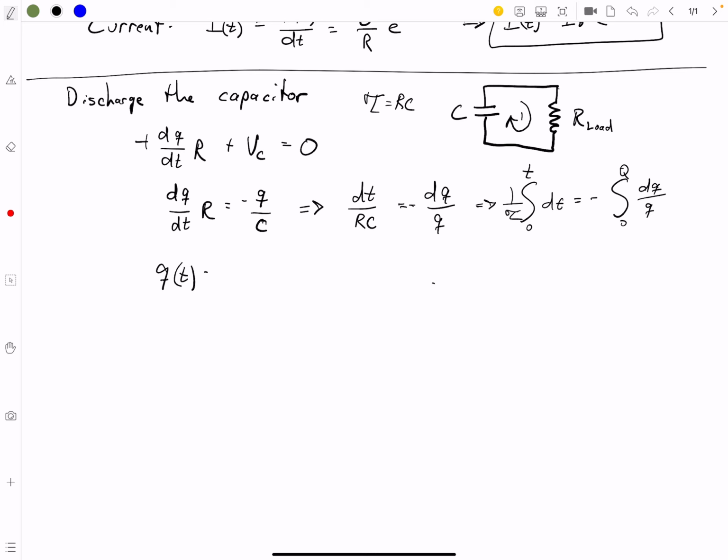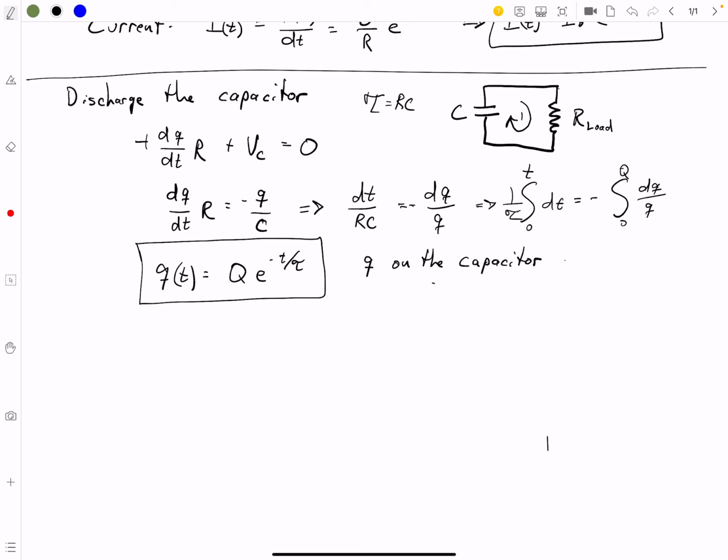So I'm going to simply write out this as our Q on the capacitor as a function of time.